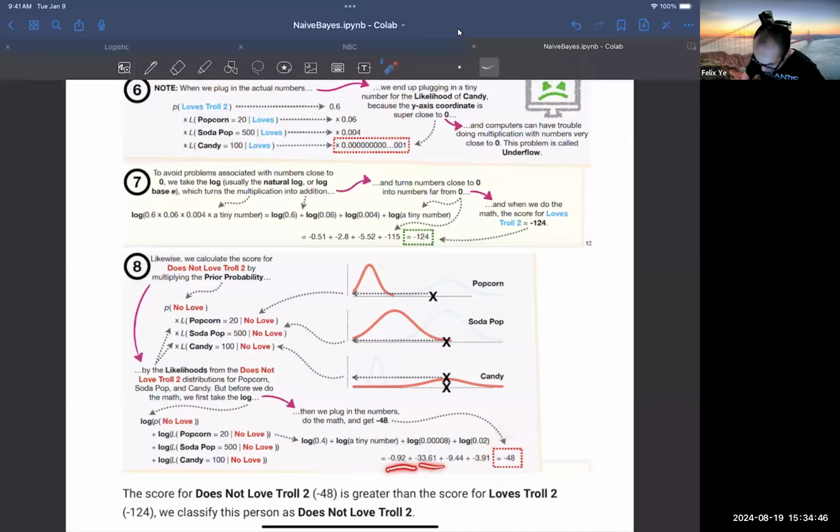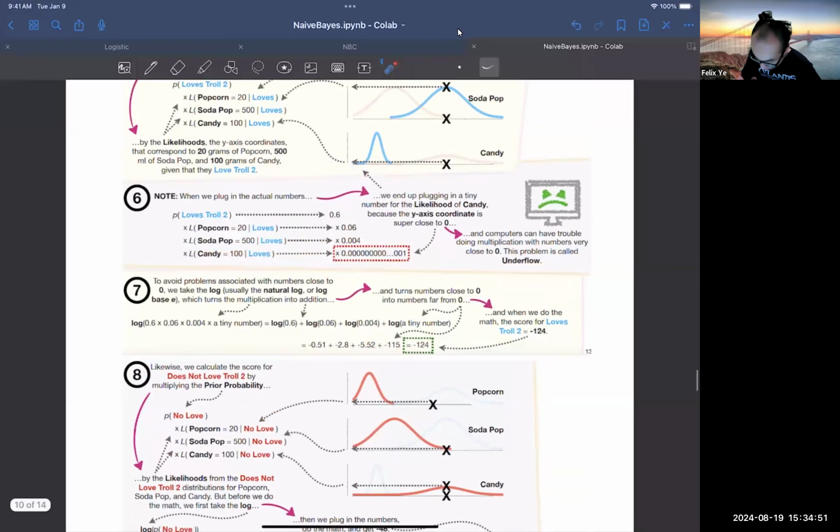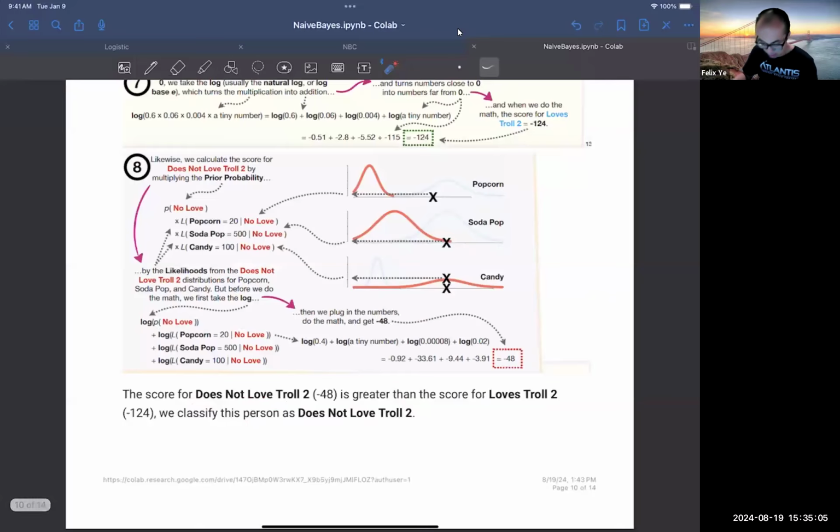You can see each component is quite small, but not as small as the minus 115 we had in the other situation. As a result, the score for doesn't like Troll 2 is significantly greater than the score for loves Troll 2. So we will classify this person as not liking Troll 2.